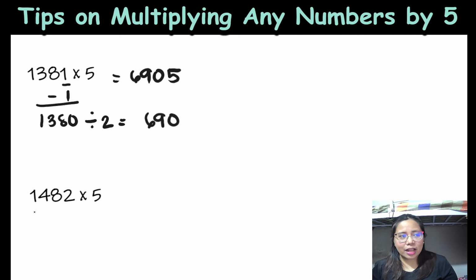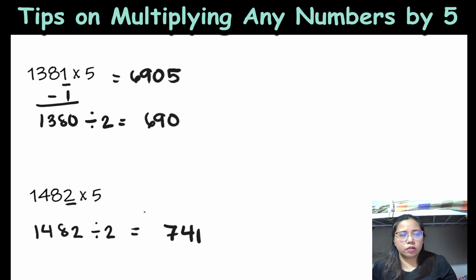Next example natin, we have 1,482 times 5. Okay, so this is an even number. So, ang gagawin lang natin, i-divide lang natin yan sa 2. So, 1,482 divided by 2 is equivalent to 741.